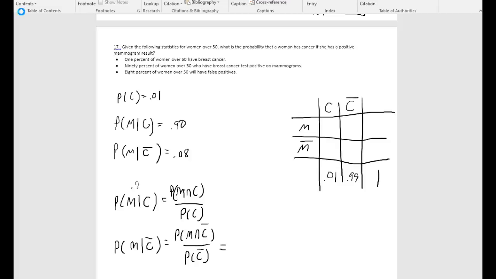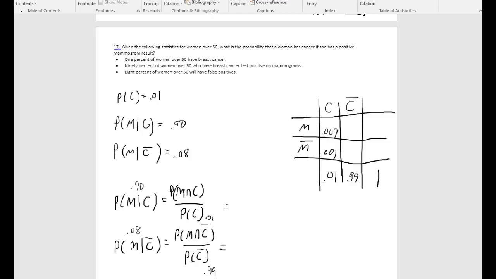So we know this as 90%, we know this as 8%, we know this as 0.99, we know this as 0.01. So 0.90 times 0.01 is going to be 0.009. So then we know this is 0.001. And then M and not C, 0.99 times 0.08.